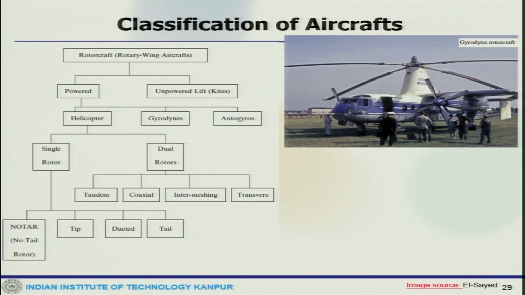So, being able to fly in autorotation gives the gyrodyne all the advantage and simplicity of a gyroplane. Okay, so this is a famous UK made gyrodyne. It is powered by turboprop engines, and it has a capacity of 44 passengers.